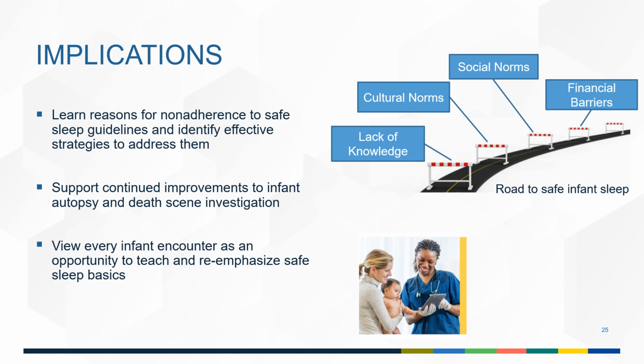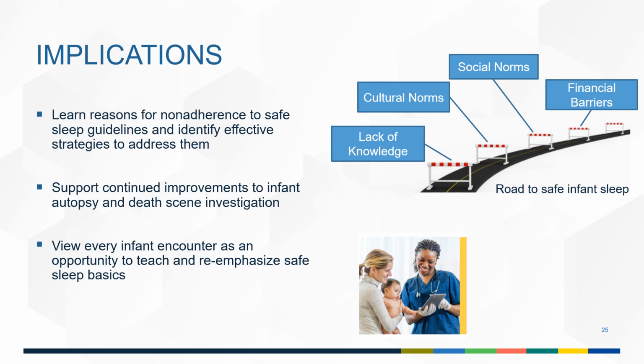So what are the suggested actions aside from continued use of the classification system to understand and improve data? First, we know that more than 70% of cases were found in an unsafe sleeping environment. Thus, safe sleep recommendations were not being followed. We need to improve our understanding of the reasons for non-adherence to the recommendations, like lack of knowledge or financial barriers, and then identify methods to address these factors.